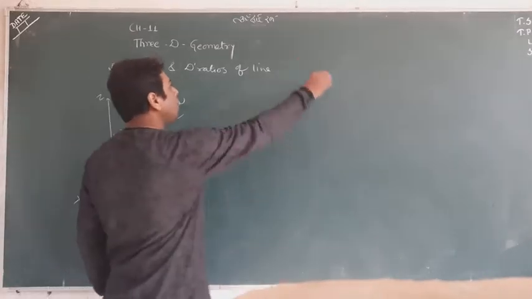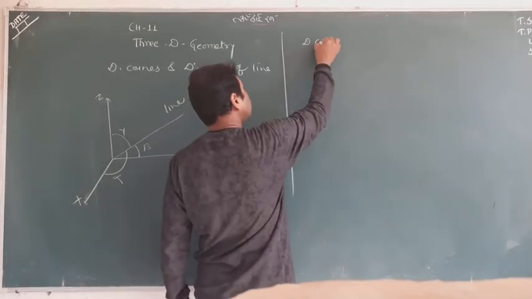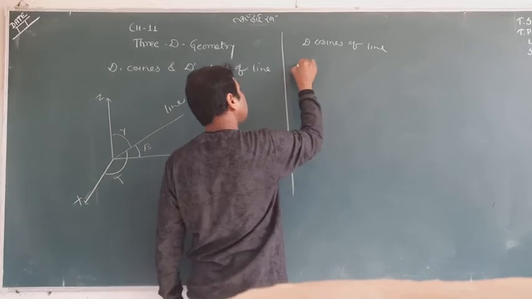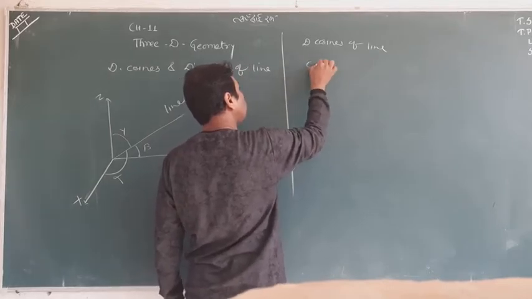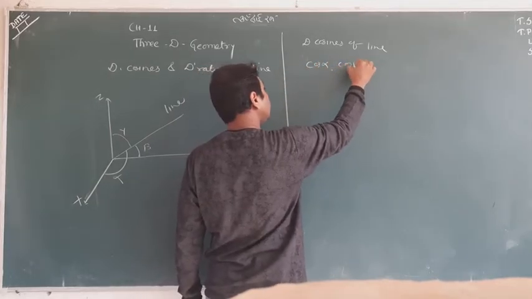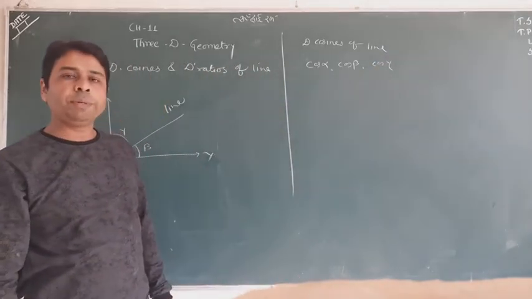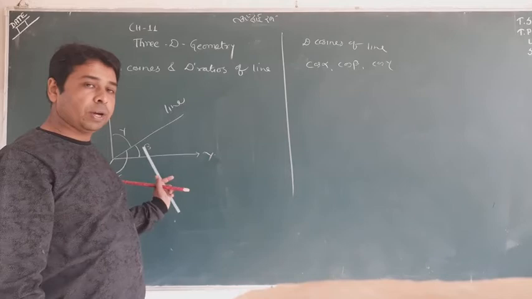I taught you that the direction cosines of any line are given by cos alpha, cos beta and cos gamma, where alpha, beta, gamma are the angles shown in the figure.